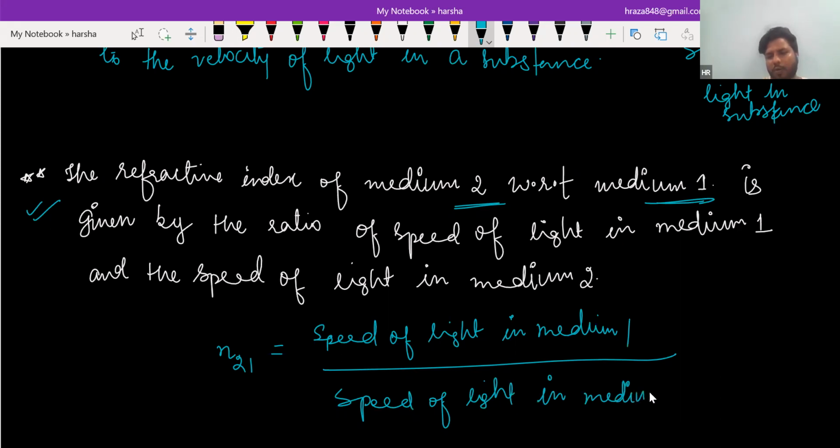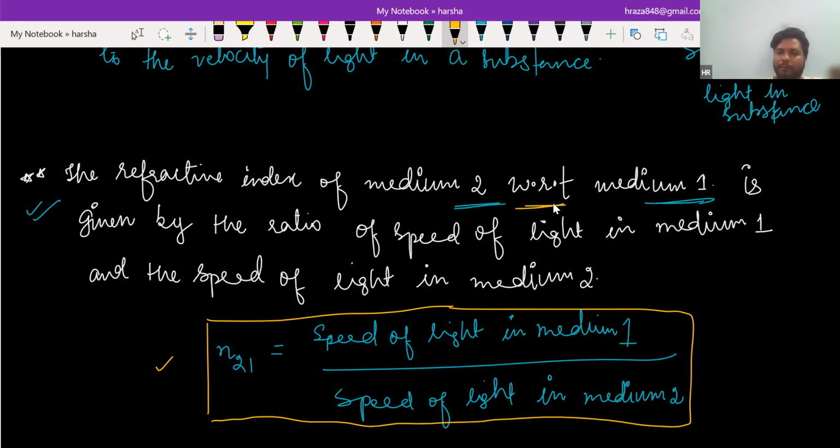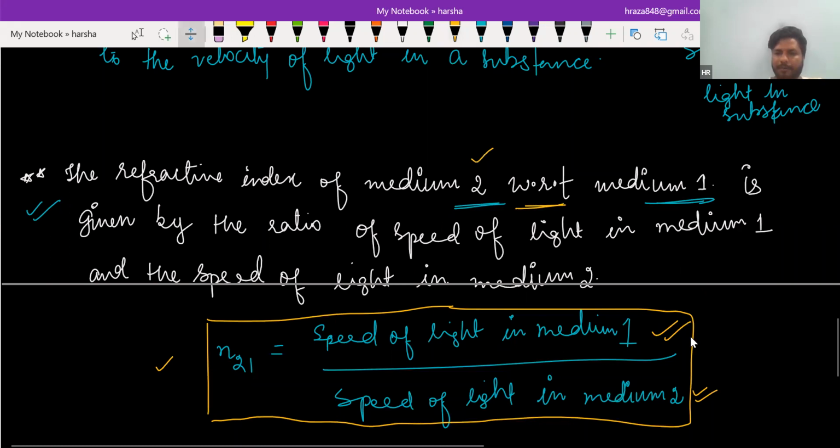So it is very important to note the sentence: whenever we need to calculate the refractive index with respect to which medium, so you can see refractive index of medium 2 with respect to medium 1. So we are going to have the formula speed of light in medium 1 upon speed of light in medium 2, wherever it is written as with respect to medium 1. So the speed of light in medium 1 will be in numerator and the speed of light in medium 2 will be in denominator. So please write it.